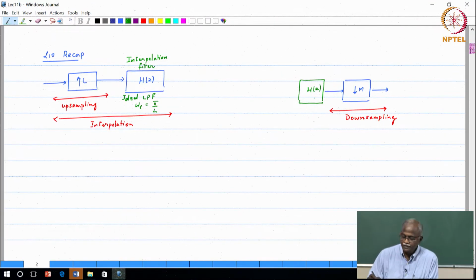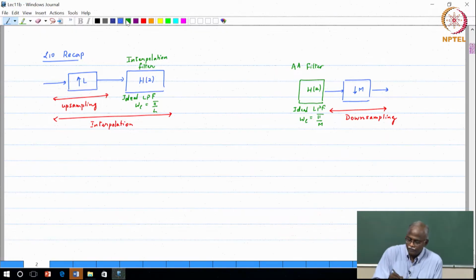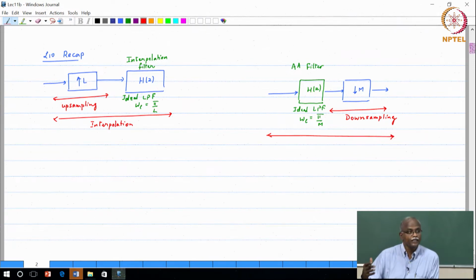So, H of Z would be an ideal low pass filter with cutoff omega c equal to pi over M. This we call the anti-aliasing filter, AA filter, and this whole process is alias free downsampling, or alias free decimation.